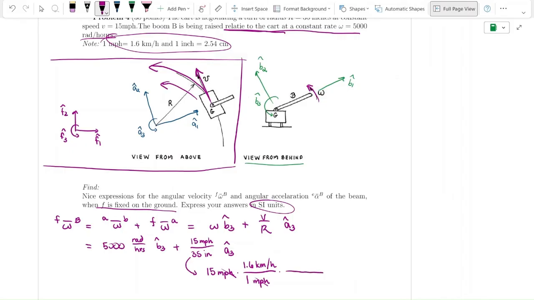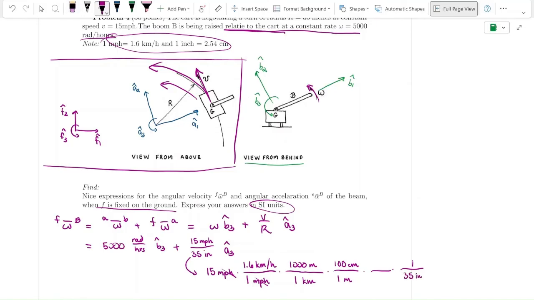Okay, 1 kilometer is 1,000 meters. 1 meter is 100 centimeters. And then we also have this 1 over 35 inches.